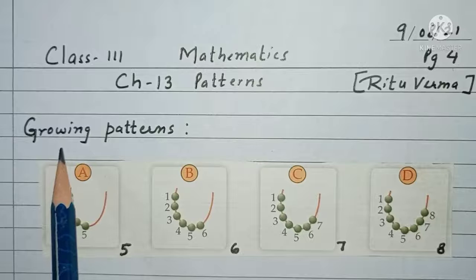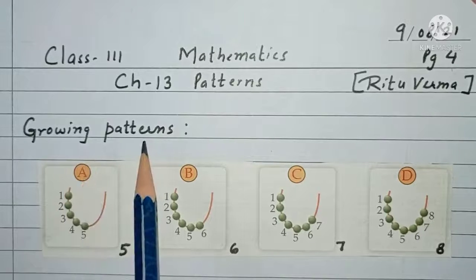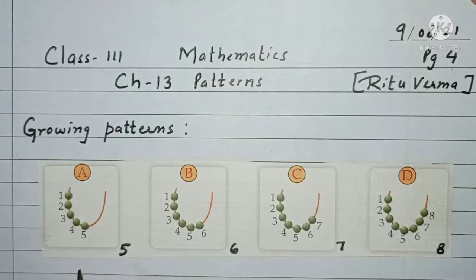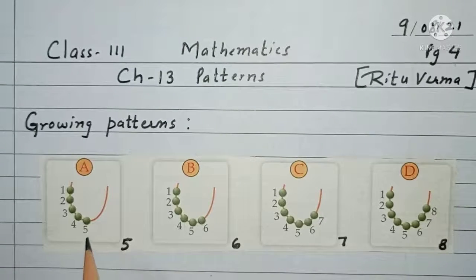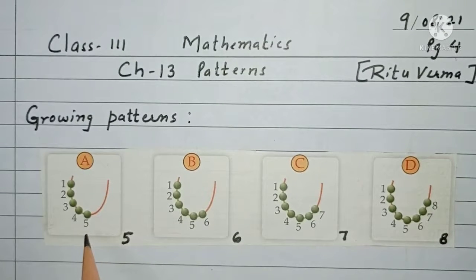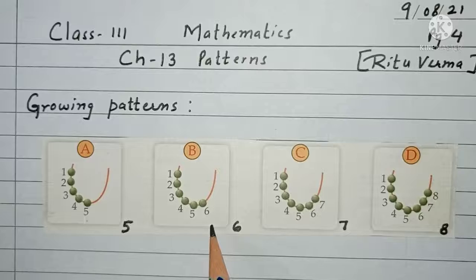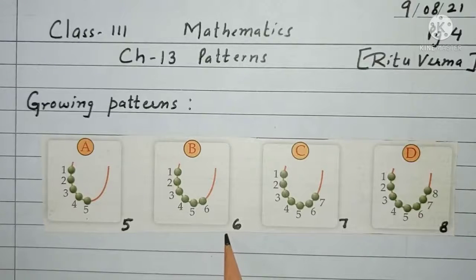Now we'll be studying the growing patterns. Growing means increased. Okay. So here, as you can see in the diagram, the first diagram is showing you how many beads? There are 5 beads. Then as this is a growing pattern, in the next pattern we'll be having 1 bead extra, 6 beads.